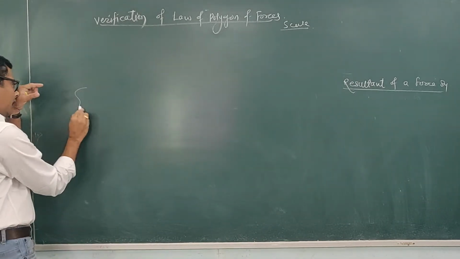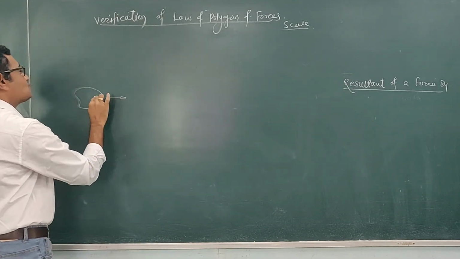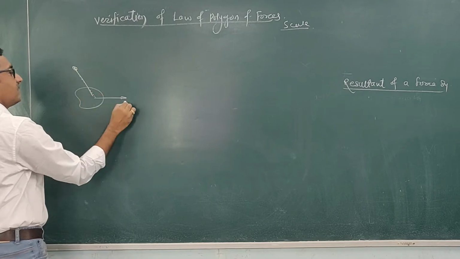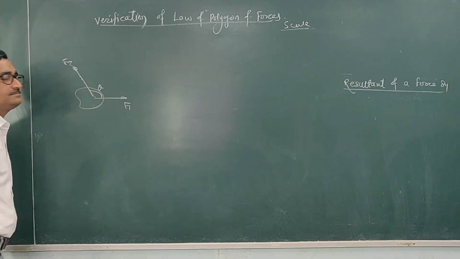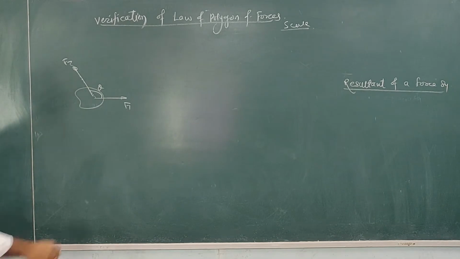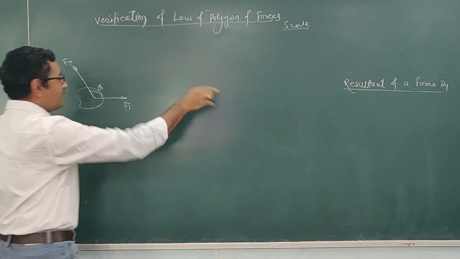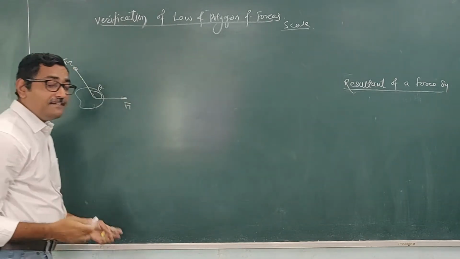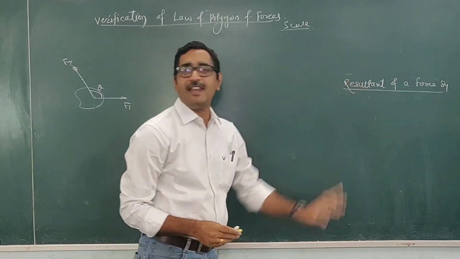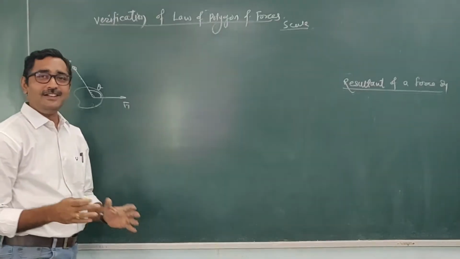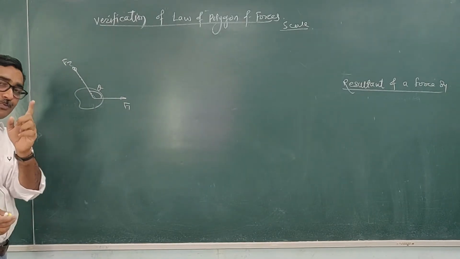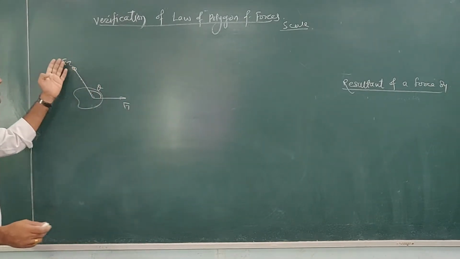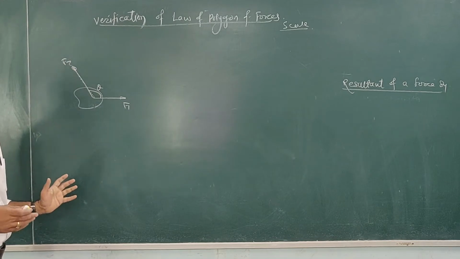Consider this is one body on which suppose these two forces are acting, F1, F2, let the angle between them be theta. So, the resultant of this force system is defined as a single equivalent force. Resultant is a single equivalent force of the given force system which produces the same effect as this number of forces producing on the body.